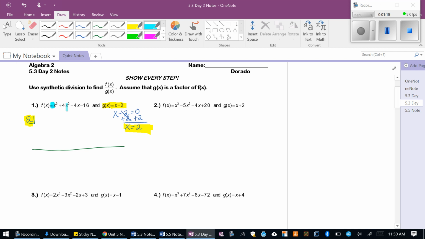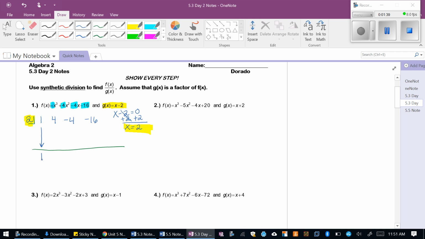We're looking at these numbers in front. If there's no number, that's a 1. So we have 1, 4, -4, -16.